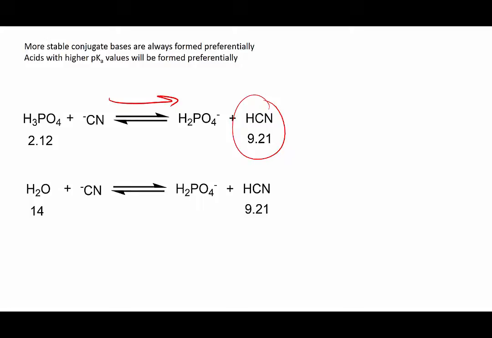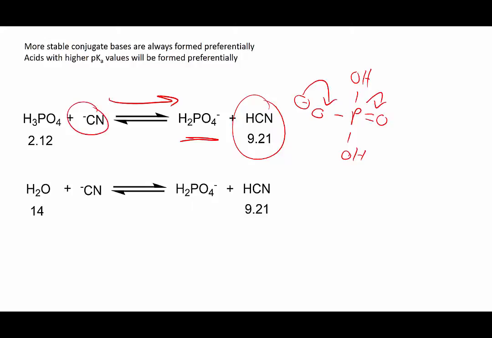Why is that? We have to be able to think about that in terms of organic chemistry too. I don't care if you can memorize a number, I care if you understand why. Well, this H2PO4 minus, if we draw that out, is stabilized by resonance.